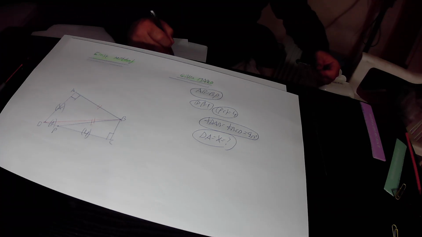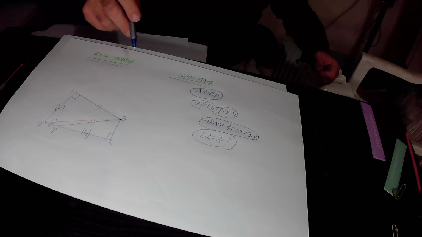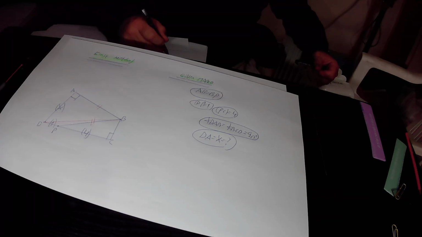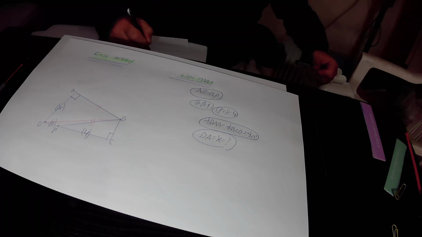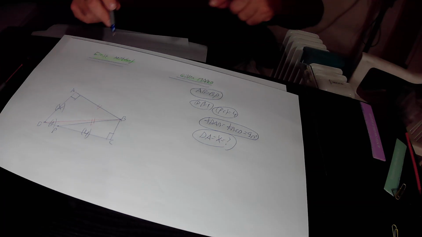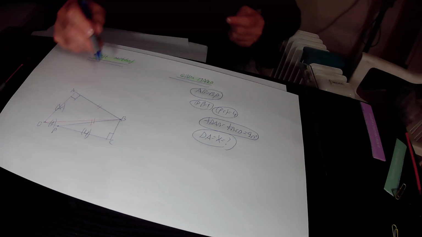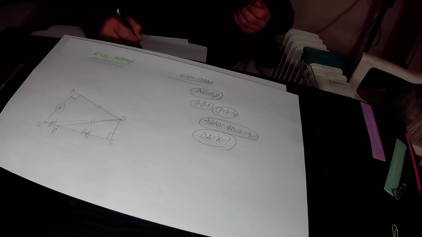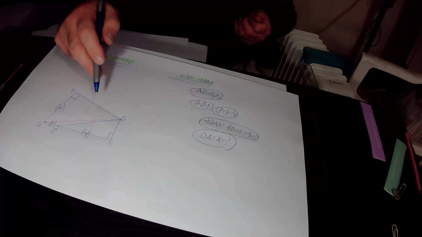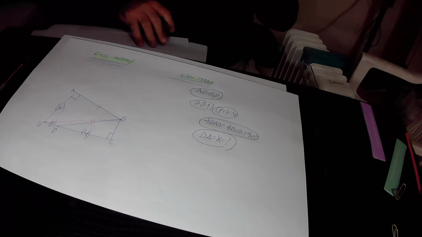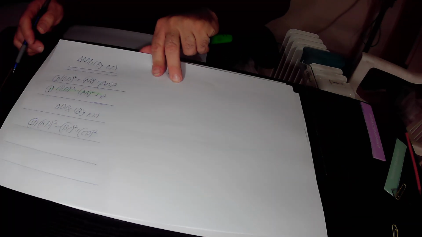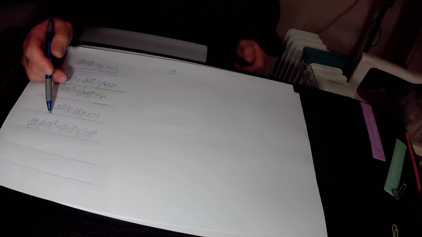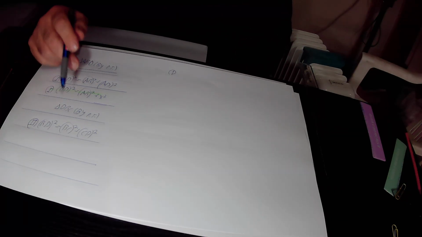According to the Pythagoras theorem, BD squared, the square of the hypotenuse, equals BC squared plus CD squared. Again, in this lower right triangle DBC, the following equation is true: BD squared, the square of the hypotenuse, equals BC squared plus CD squared.